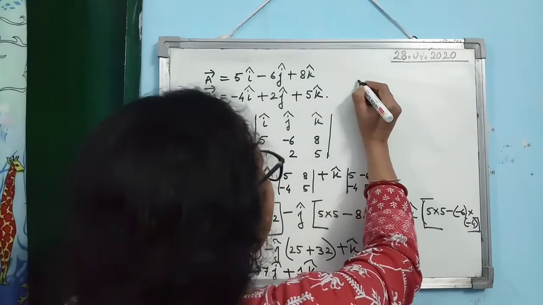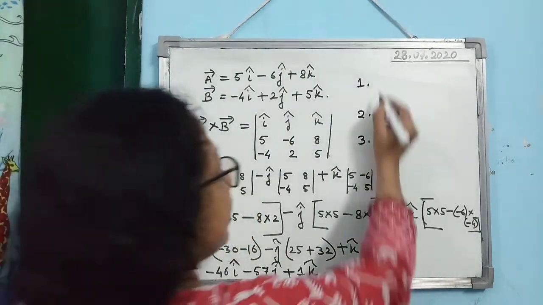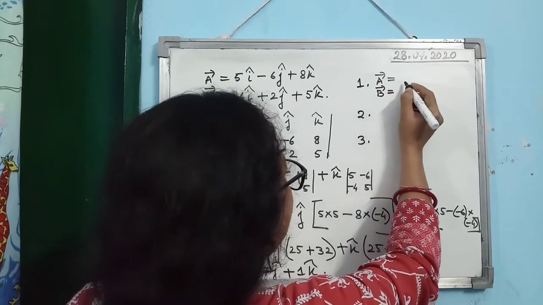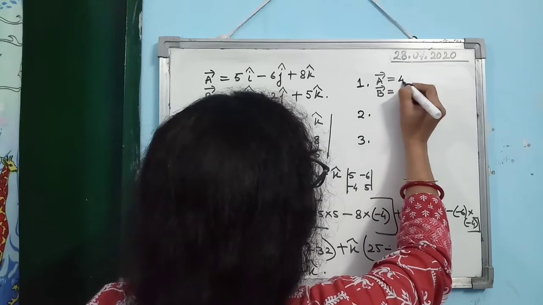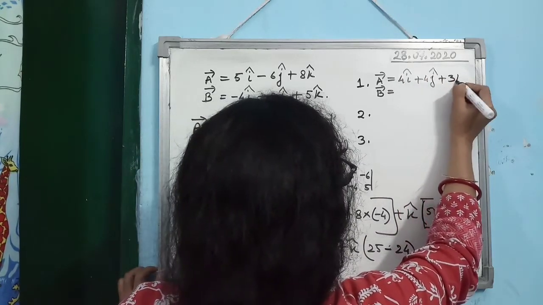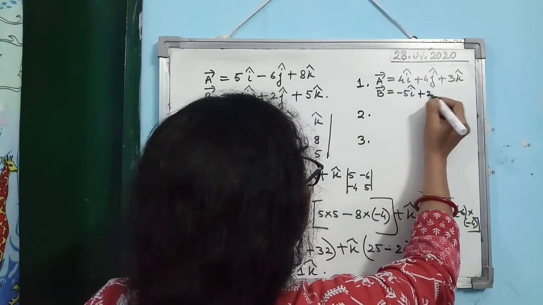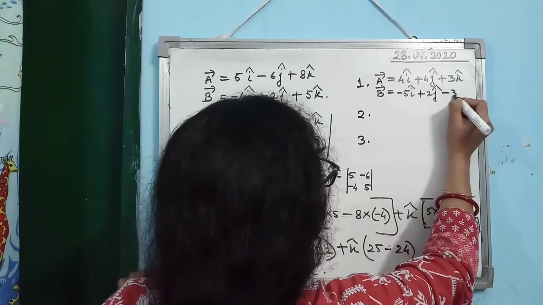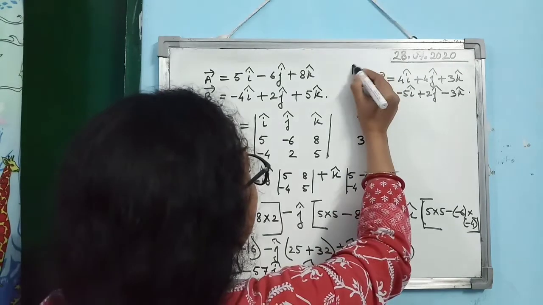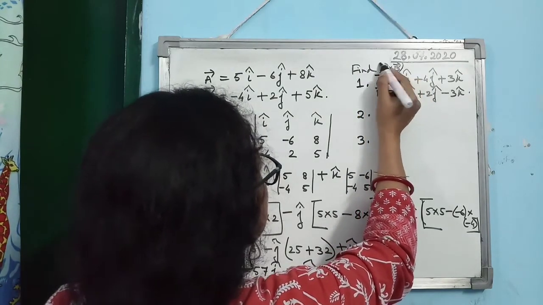Alright. So this is the way you have to apply it, how to find out the cross product of two vectors. So here I am giving you 3 sums for practice and everybody must practice them. Suppose A is equal to 4i plus 4j plus 3k and B is minus 5i plus 2j minus 3k. Find A cross B. This is the first.